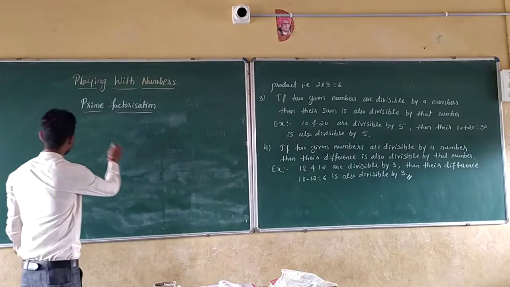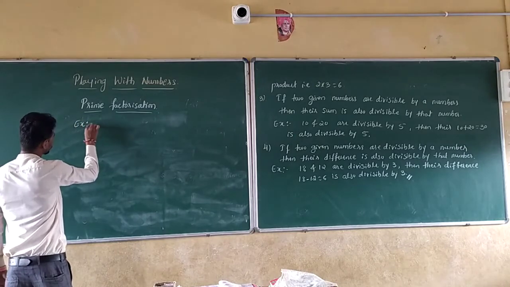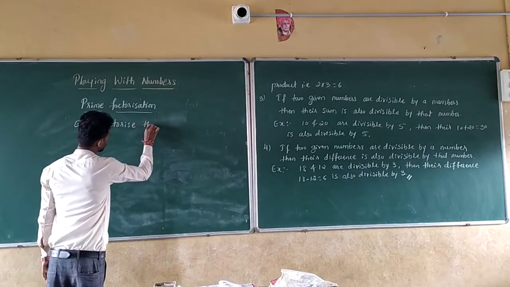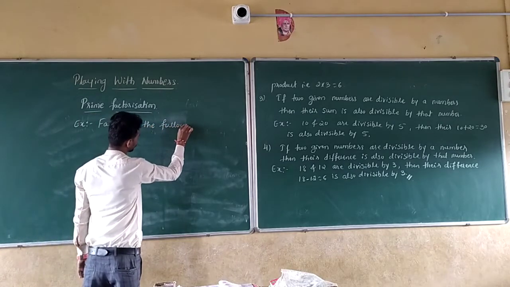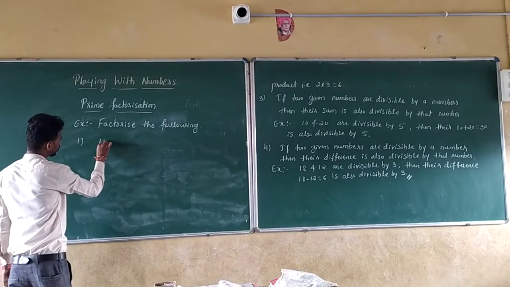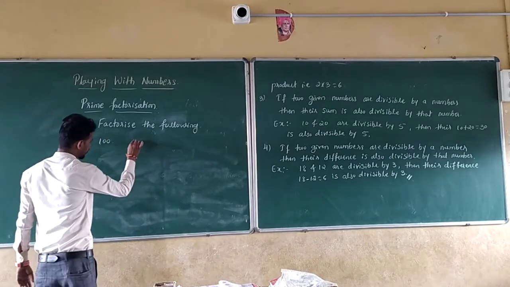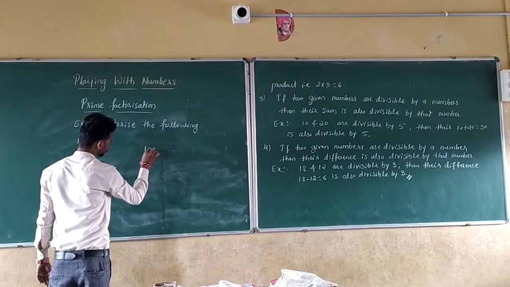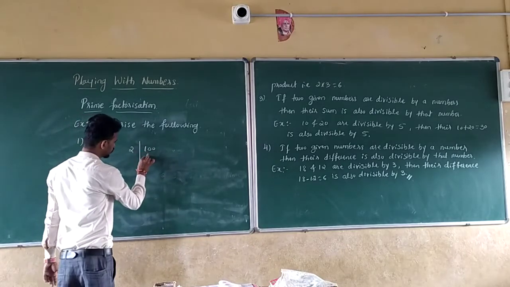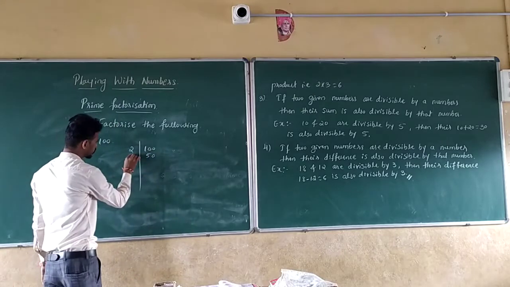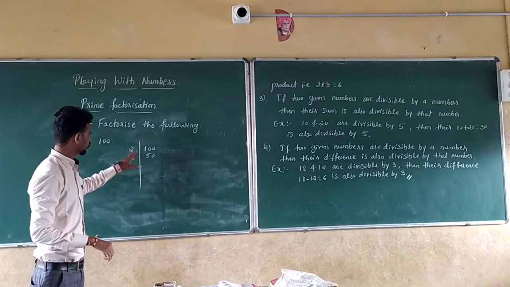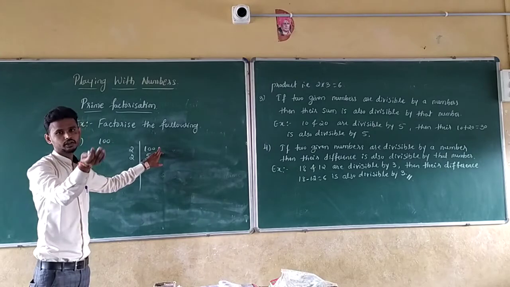Let us take for example, factorize the following: 100. We just divide that 100. So here it becomes 50. Start from the lowest prime. If the given number is not divisible by 2, next go to 3.